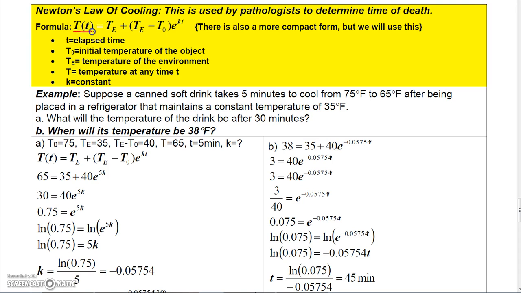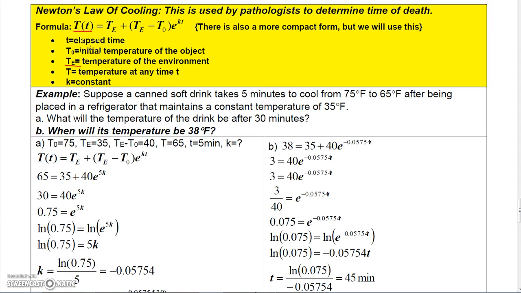Basically, let's say you have an object that you know the initial temperature of and you know the temperature of the surroundings. Well, Newton's law of cooling actually gives us the relationship between time and the temperature change. So in this formula, TE is the temperature of the environment, so it might be the temperature of the room or something like that.